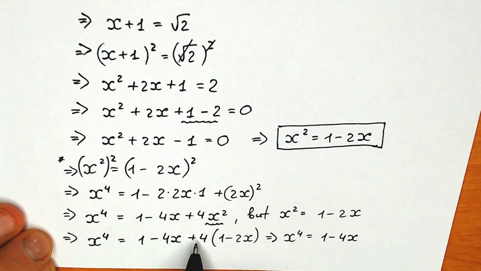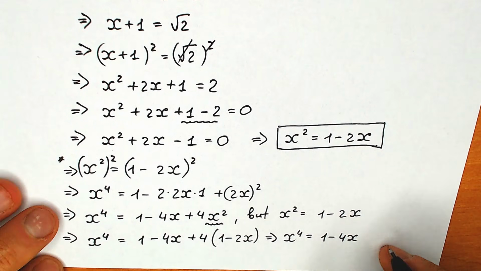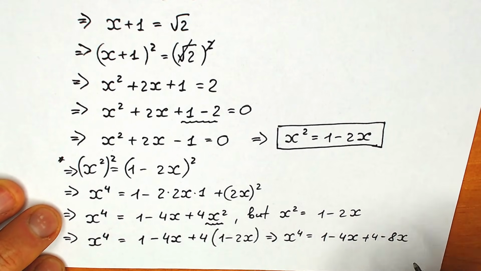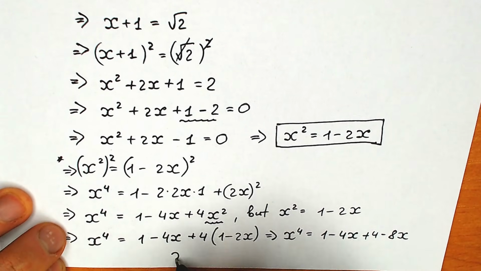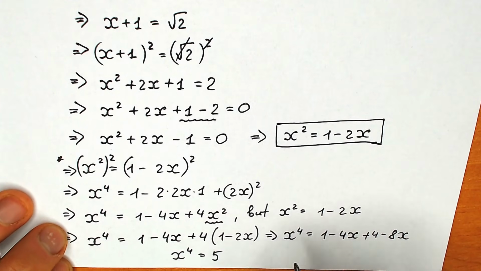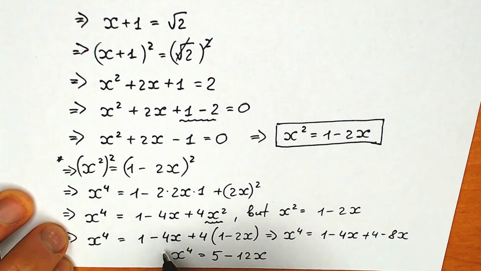So as a result, x to the power 4 equal to 1 minus 4x, and plus 4 and minus 8x. As a result, x to the power 4 equal to 1 plus 4 equal to 5, and minus 4x minus 8x equal to minus 12x. So these are our next steps.